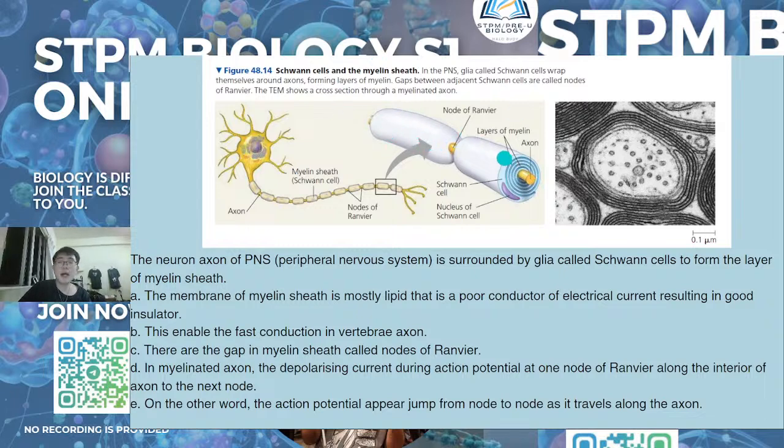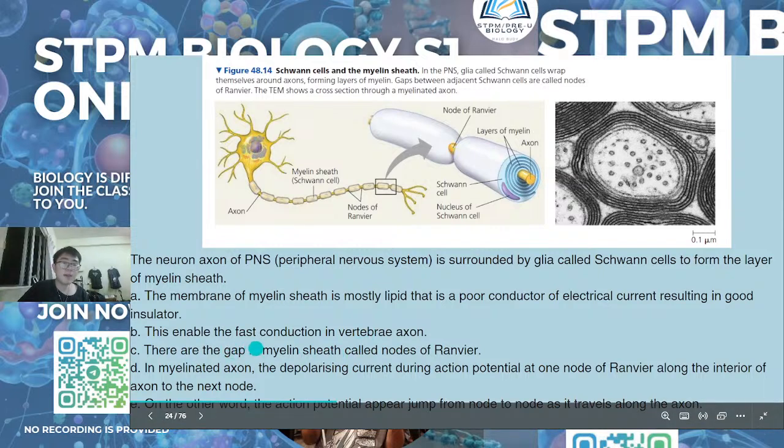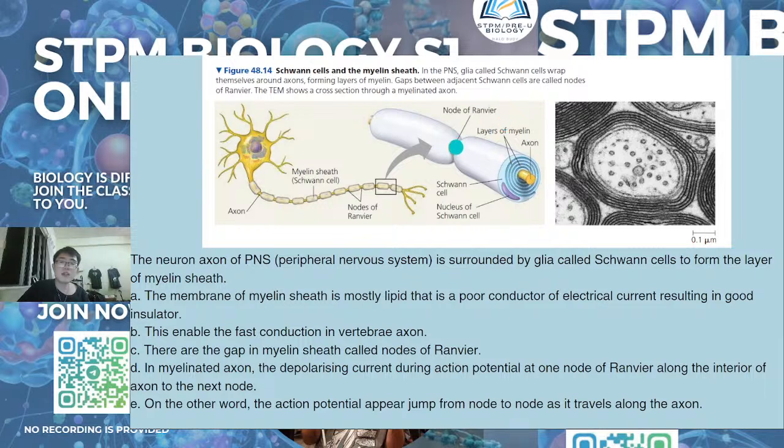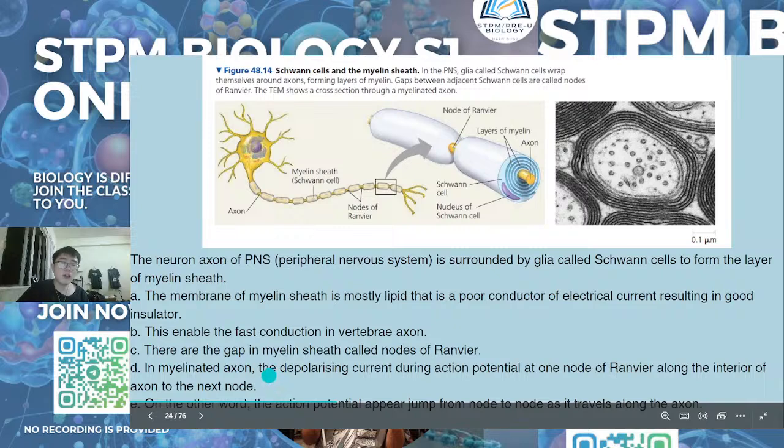It will jump. This myelin structure makes fast conduction of nerve impulse possible, and the gaps in the myelin sheath we call nodes of Ranvier. In a myelinated axon, the depolarizing current during the action potential flows from one node of Ranvier along the interval of the axon to the next node.